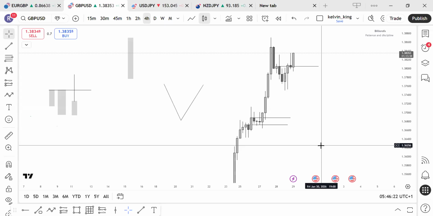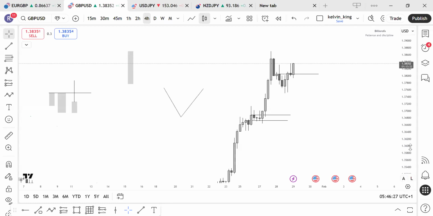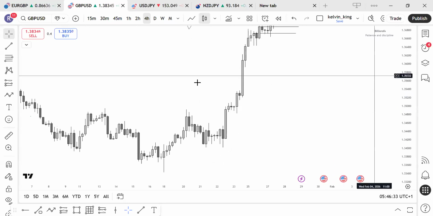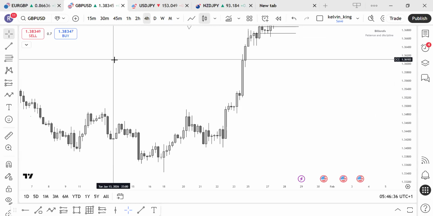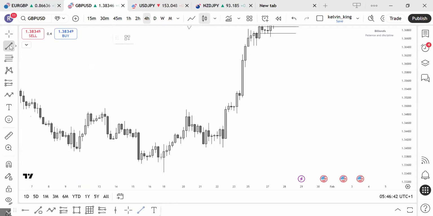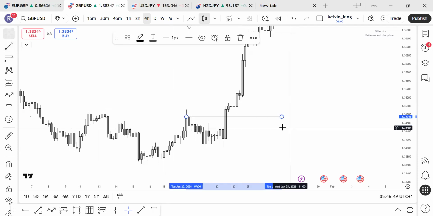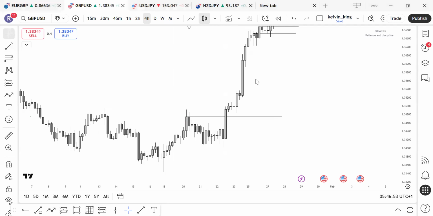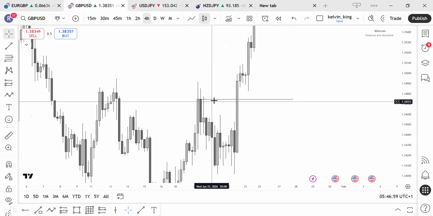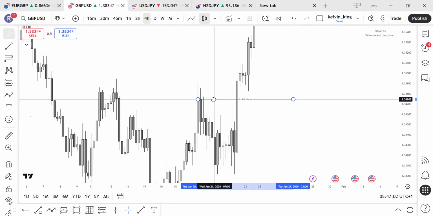So now, if you find it in 2 hours, it means that price is giving you an entry to trade. There are also some instances whereby price is going to create that particular model and price will not come back to pick it. So that is where we have a missed entry. For example, this very one right here. So this one even gave a series of missed entries. If you notice, there was a third candle rejection here.